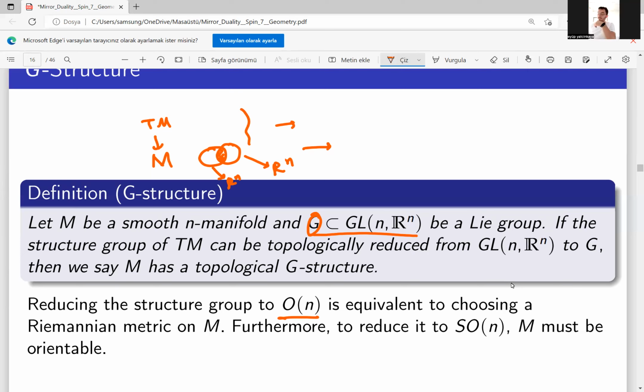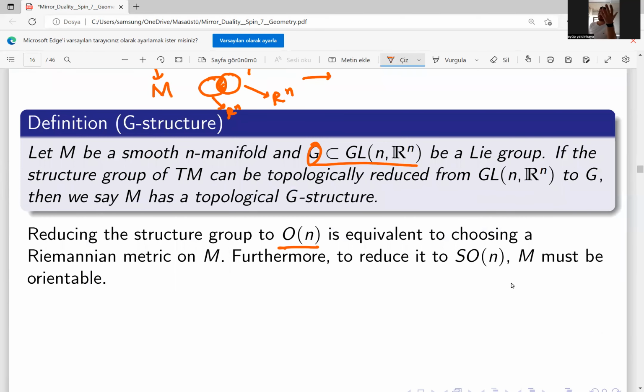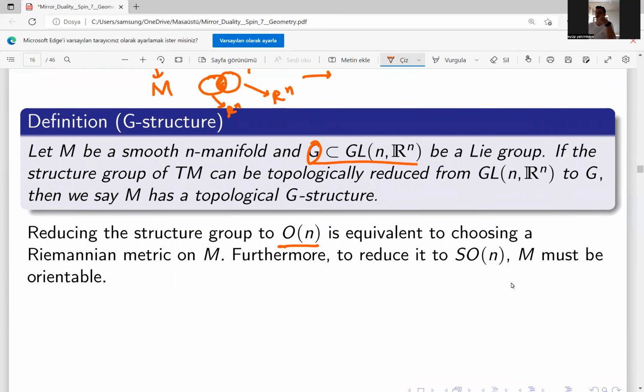Okay, and then one step further, we will see the spin structure. If you have a spin structure, this means that your space has two different directions at one point. Okay, this is roughly speaking the spin structure.